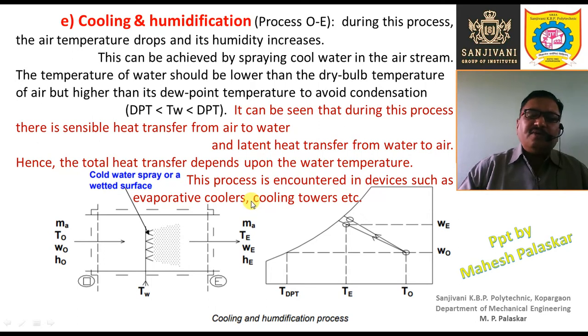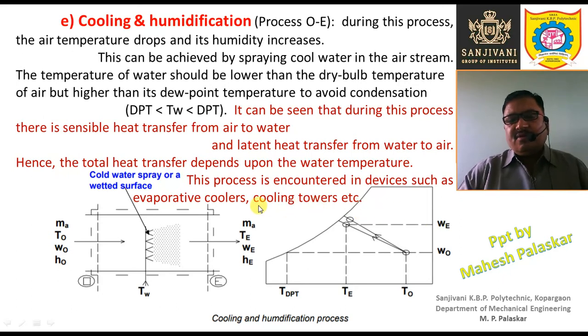Nowadays we are going for air conditioners, but evaporative coolers are cheap as compared to air conditioners, and in dry areas such evaporative coolers are effective. This process is very common in areas like Rajasthan, where the environment is very dry and the humidity is less.